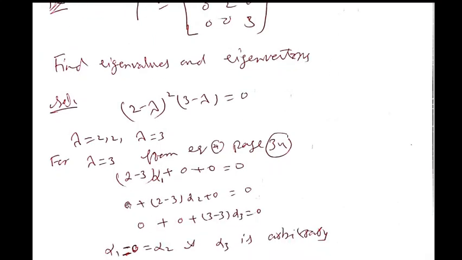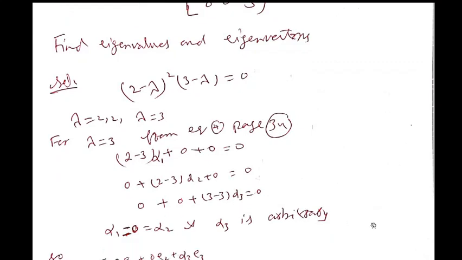Similarly, in the second equation, 0 plus (2 minus 3) into alpha 2 plus 0 is equal to 0. Third row, 0 plus 0, because t31 and t32 are both 0, plus (3 minus 3) into alpha 3 equals 0.